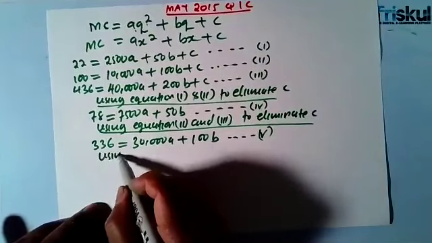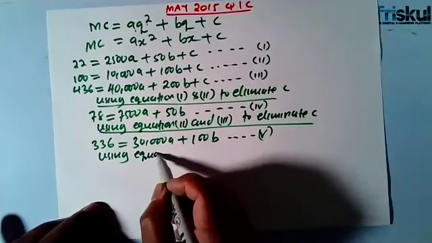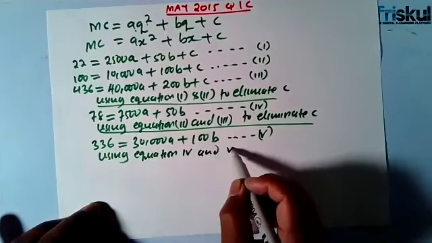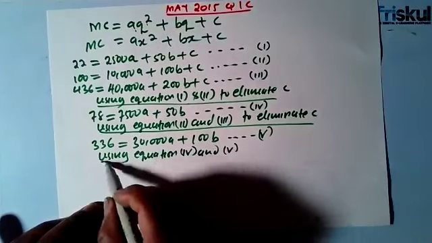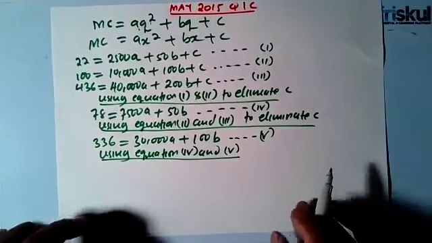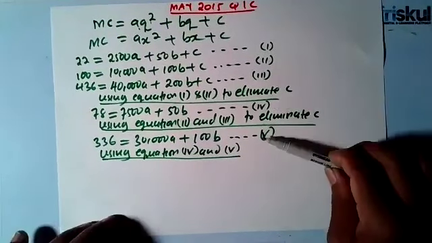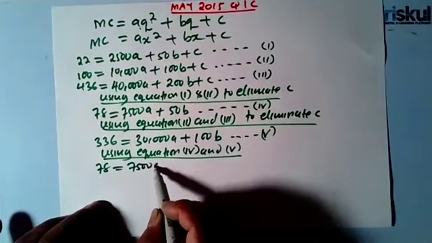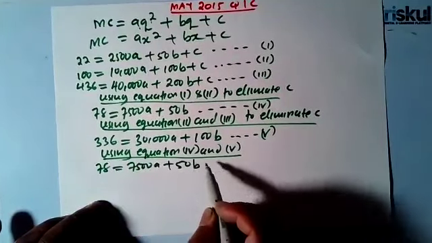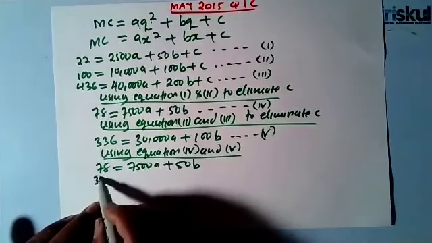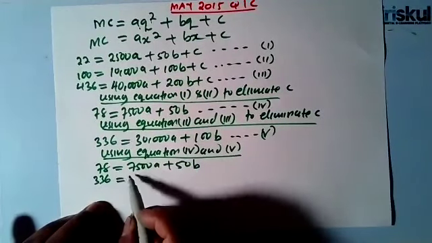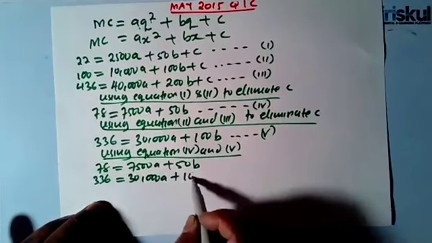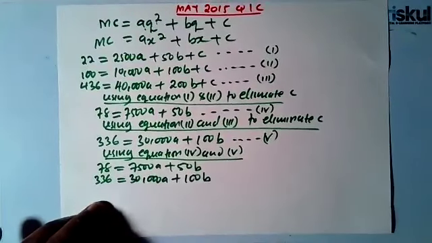Now, using equation 4 and equation 5, here and here. So this one will be 78 is equal to 7,500A plus 50B. This one will be 336 is equal to 30,000A plus 100B.